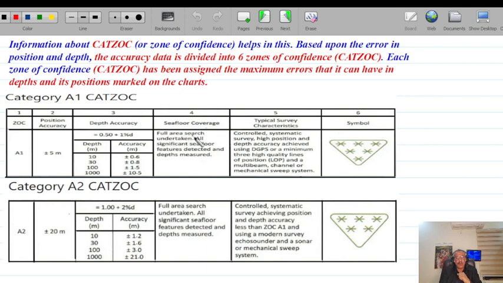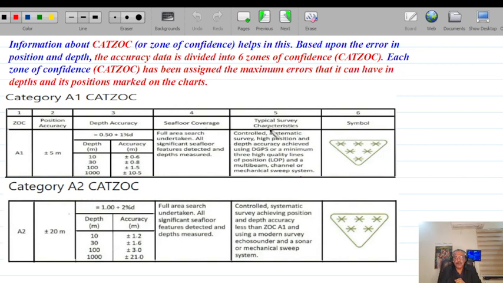In this case of category A1 CATZOC, a full area search has been undertaken, and all significant seafloor features detected and the depths measured. So basically whenever they're doing the wire sweep of the seabed or the hydrographic survey, all these things are concurred to.